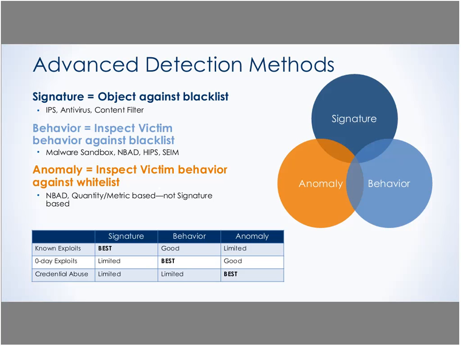When there are new behaviors occurring, like we saw with Heartbleed, we didn't know what signature to look for. We didn't know the behavior being memory dumps coming out of the servers. We didn't know to look for that. But from an anomaly perspective, those types of connections were very strange.